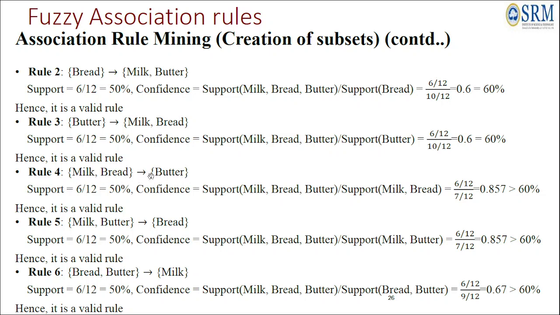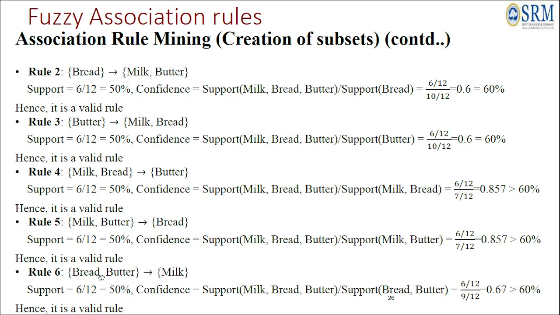So milk, bread, butter minus milk, bread is butter. Mapping from milk, bread to butter, which is 85.7% and greater than 60%. Valid, again valid. Similarly, for rule 5, from milk, butter mapping to bread, which is 85.7%, and definitely it's greater than 60%. Hence again it is valid.